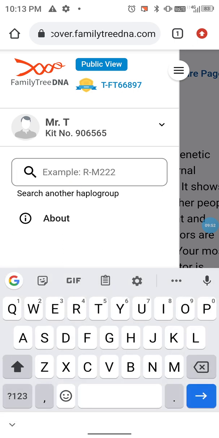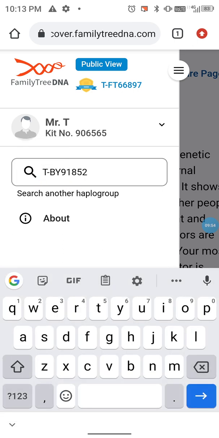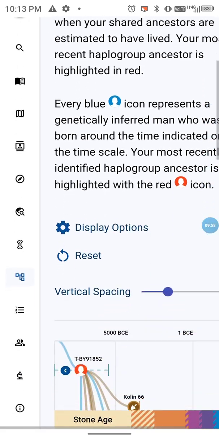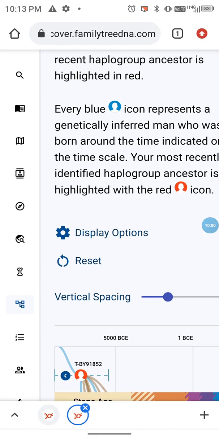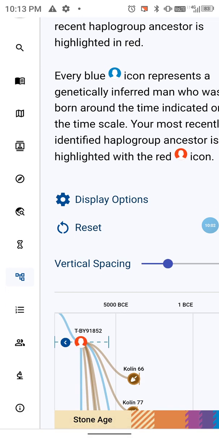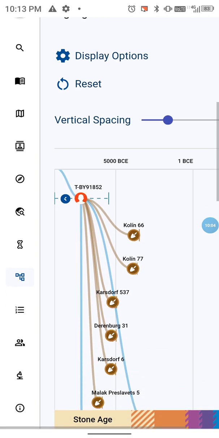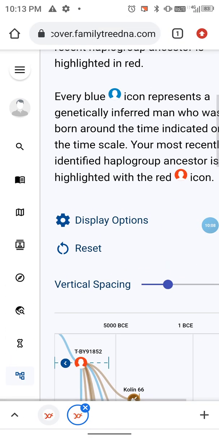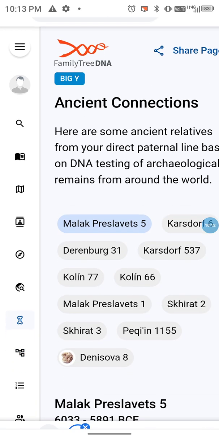And we're going to plug it in right here, and we're going to look at that branch specifically. All right? Here we're going to look at the ancient samples, right?